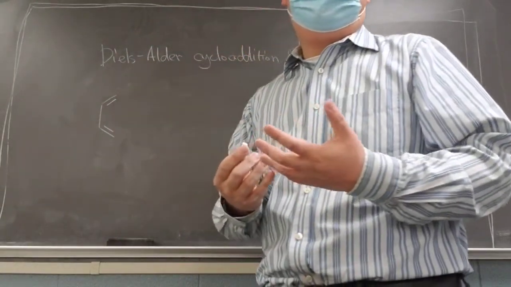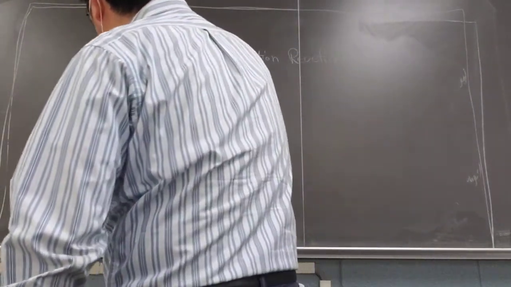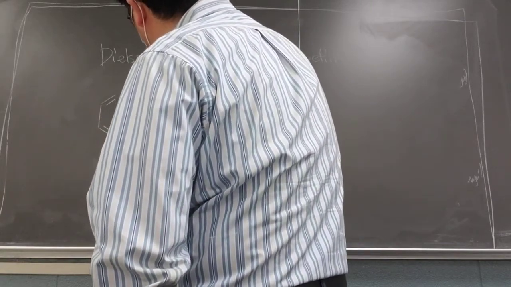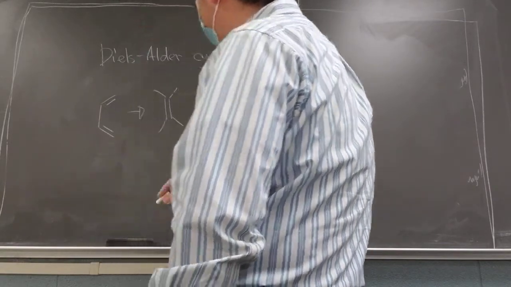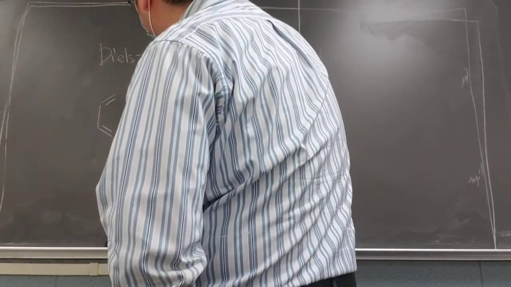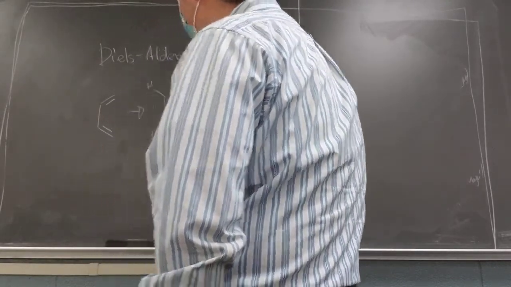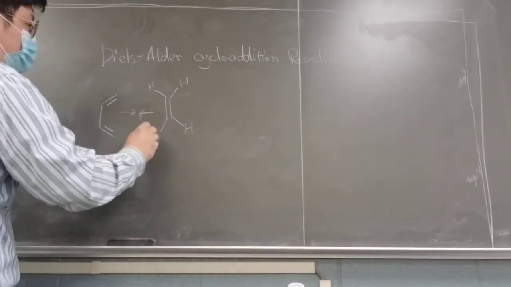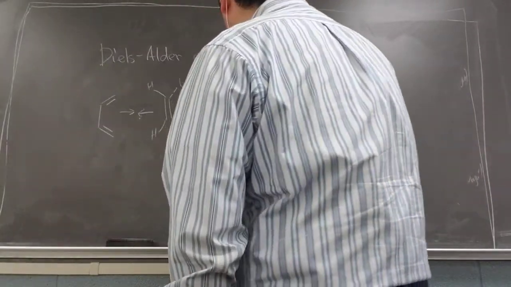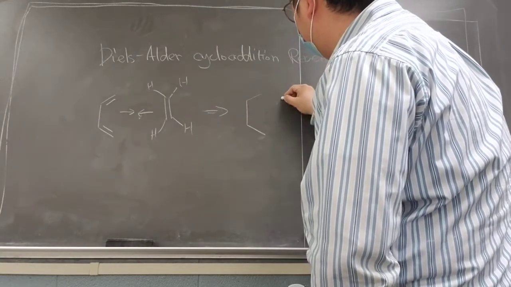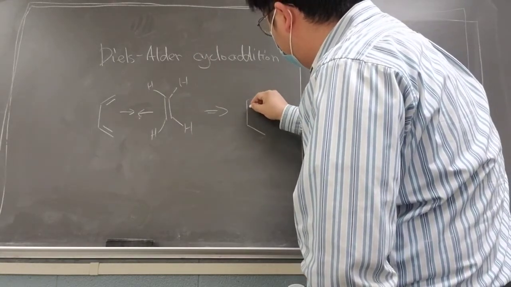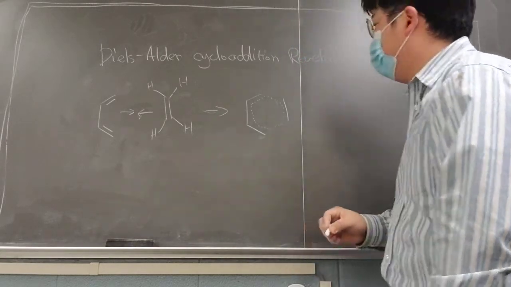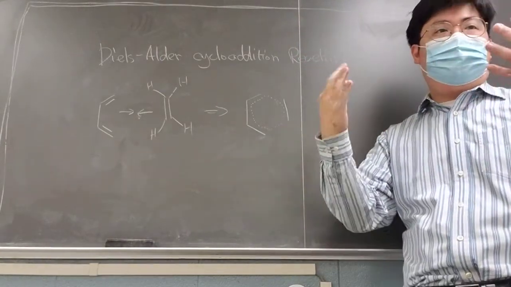So for example, if you have a diene, looks like this, that comes into a compound with a double bond, maybe you have an ethylene over here. What happens is when they come close to each other, they react in one single step, like an orbital conjugation.